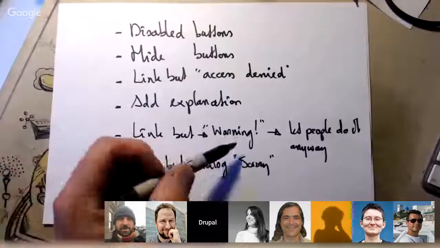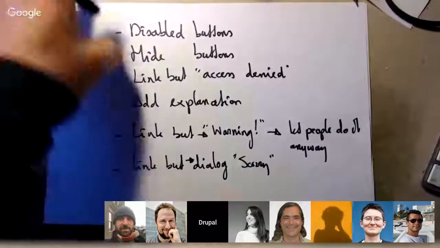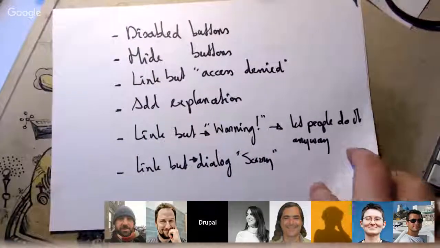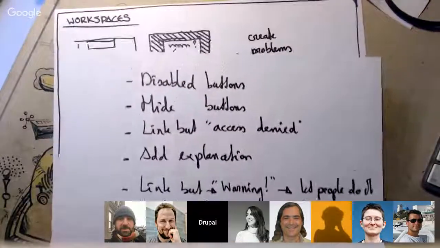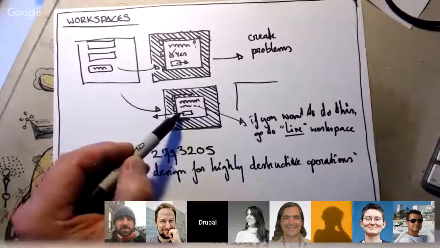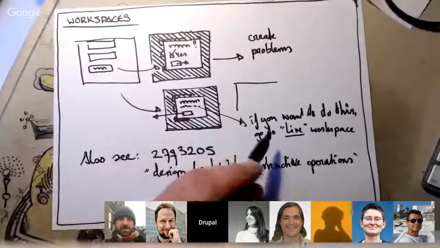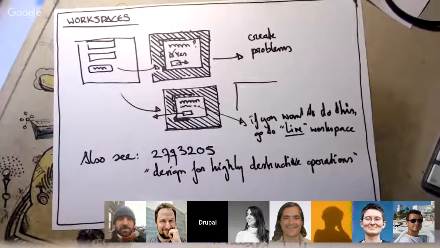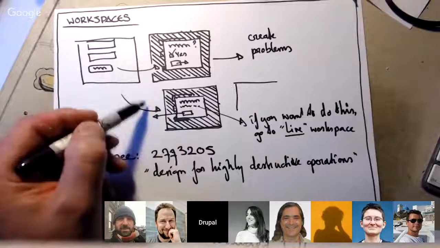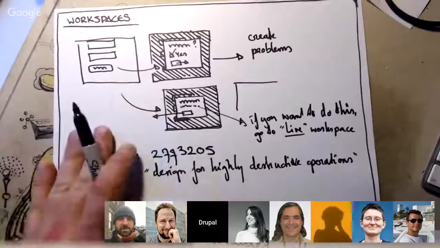A link that gives a warning and then people do it anyway is what we sketched out. And a link with a warning that doesn't let people do it from here, but directs them how they should do it, is what we discussed in this bottom little flow here.